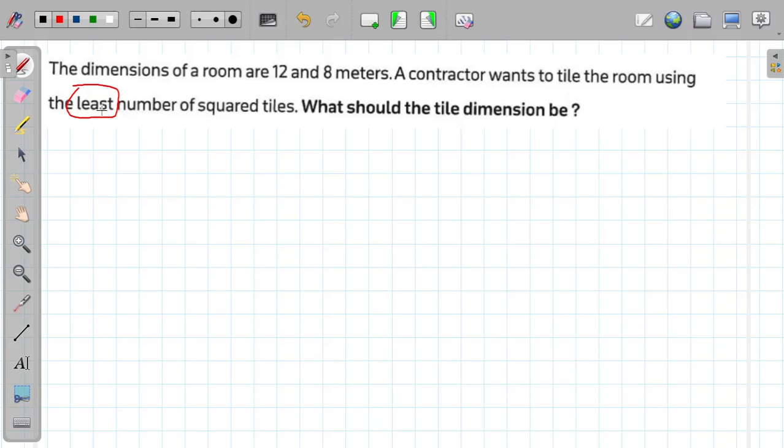Okay, what should the tile dimension be? Okay, listen carefully. The dimensions of the room are 12 and 8, and I want to tile the room using the least number of squared tiles. What should the tile dimension be?